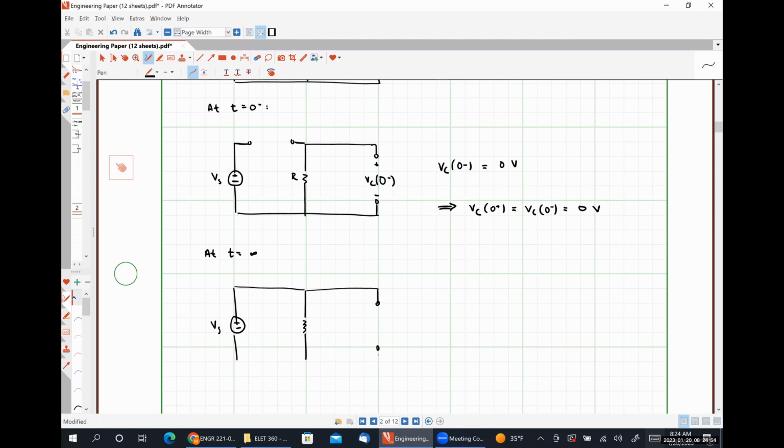We are again at DC steady state because we're at a long time after the switch has closed.